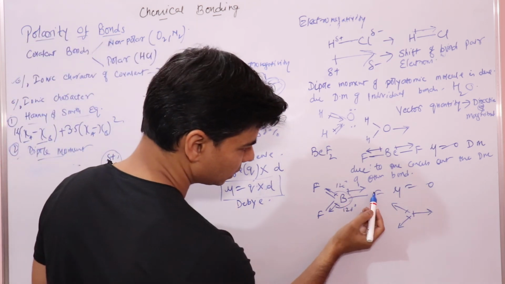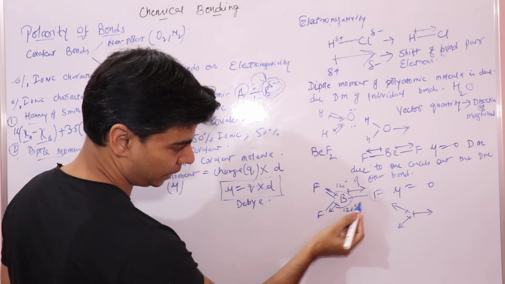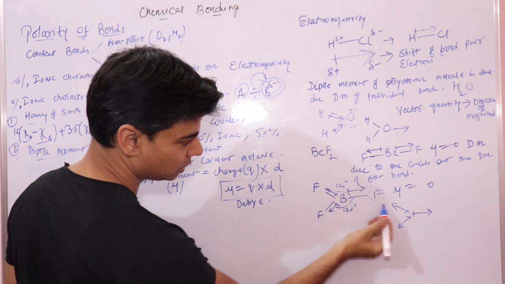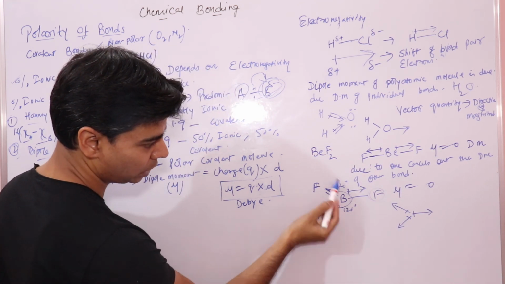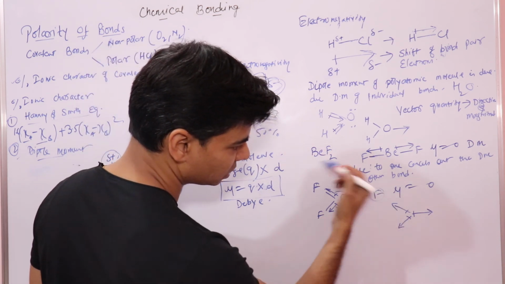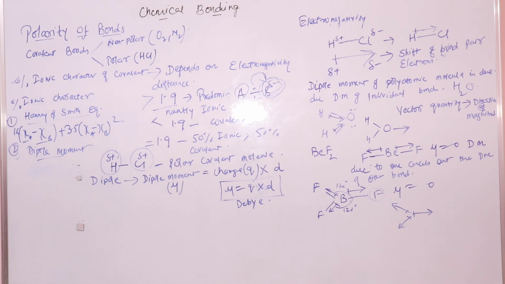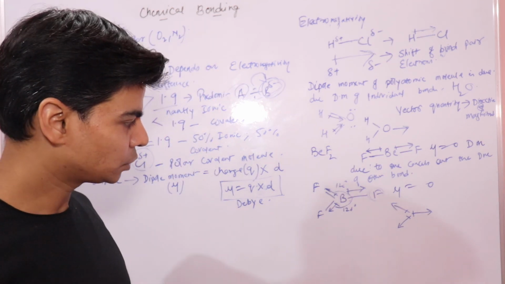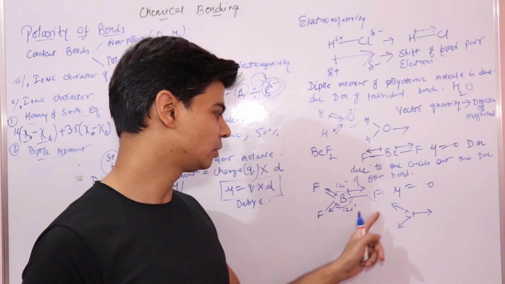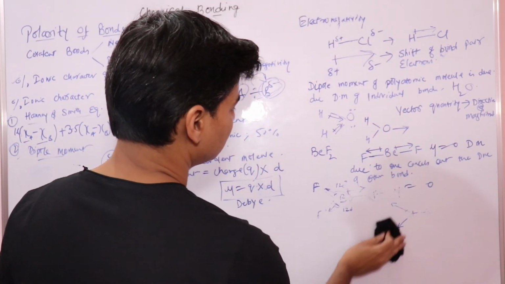If you look at this bond, the dipole moment is in this direction, and here the dipole moment is in this direction. So the dipole moment due to these two bonds will be cancelled out due to this bond. So the dipole moment of this molecule is again 0. Basically, the dipole moment depends on the arrangement of bonds in space, how these bonds are arranged.